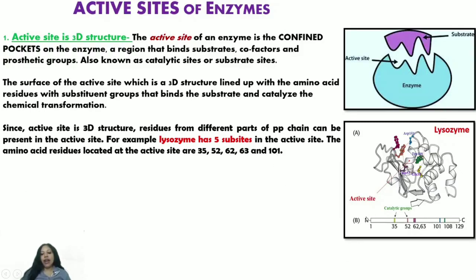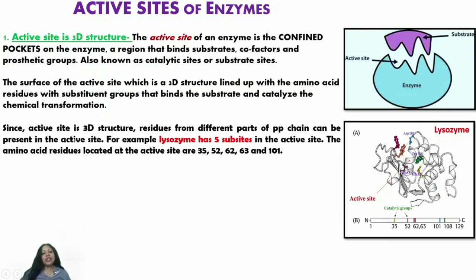So if the active site were present in a linear form, is there any possibility of these residues coming together in orientation? No. Since active site is three-dimensional in structure, it is possible that the residues which are far apart in the primary sequence come together in a closed environment when the protein or enzyme folds.